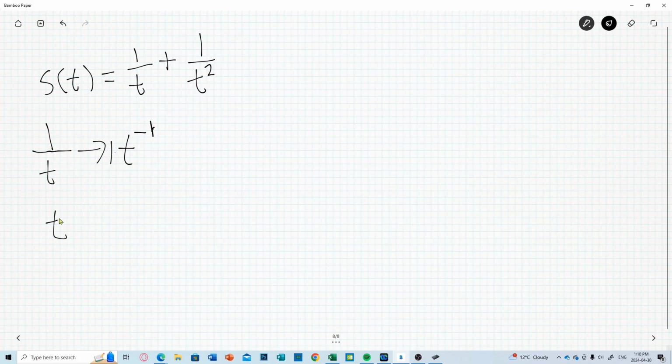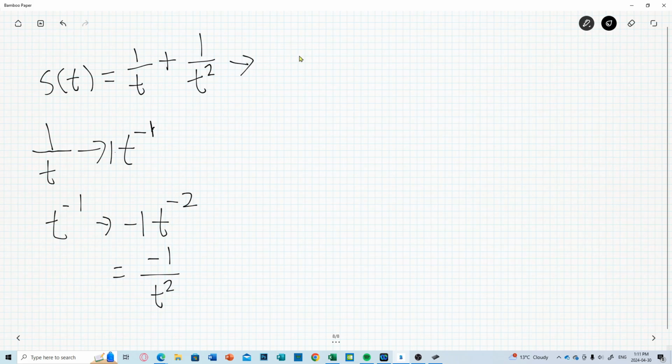So we're just working with t to the minus 1. Here, we can use the same rule we've been using this whole time. It'll be minus 1, because you bring it down, t, and now when you subtract 1, instead of going to 0, it'll go to minus 2, which gets you negative 1 over t squared, because the negative will go away.